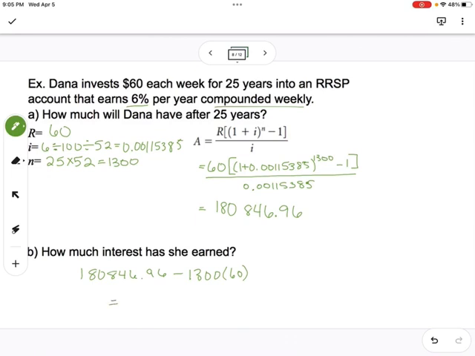Okay, so multiplying the 1,300 by 60 first, and then that gets subtracted from our total amount. We get $102,846.96 in interest.